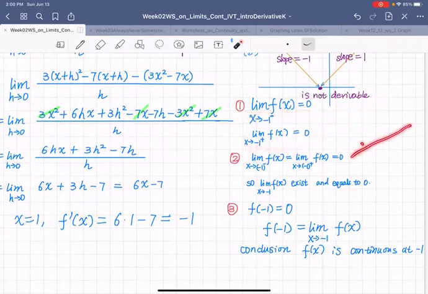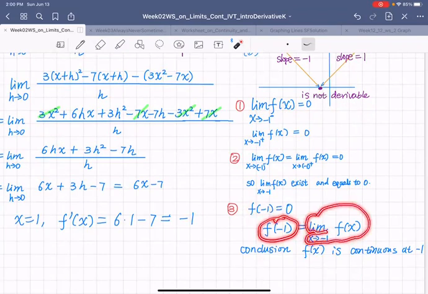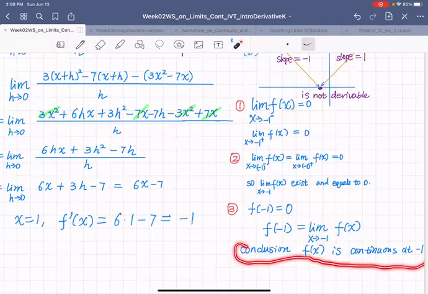Paragraph 2: the limit from the left equals the limit from the right, so that the limit at this point exists. Number 3, you have to check the function value at this point, and this function value equals the limit as x approaches negative 1. Then you can conclude that this guy is continuous.